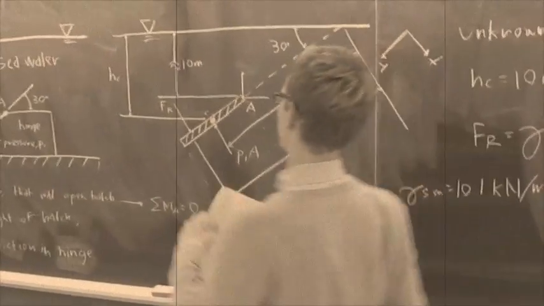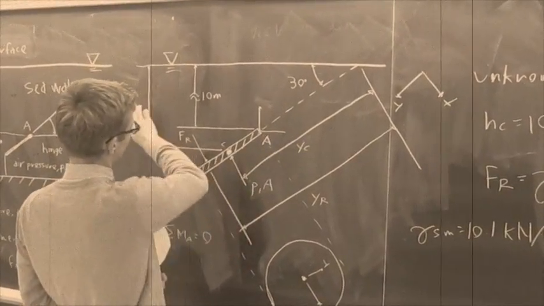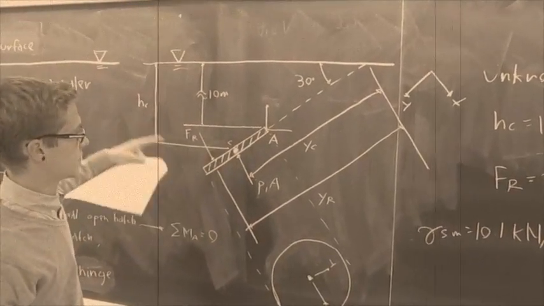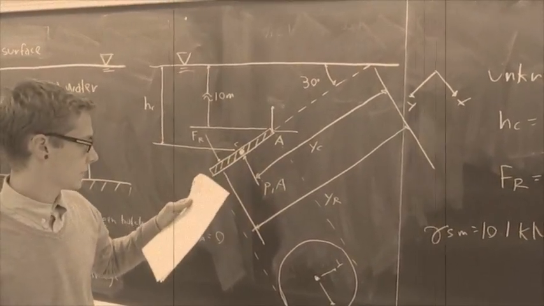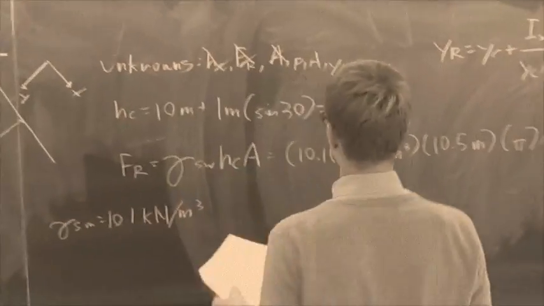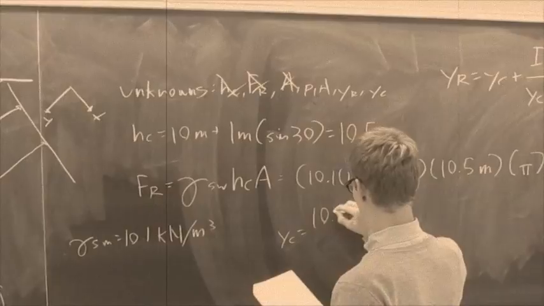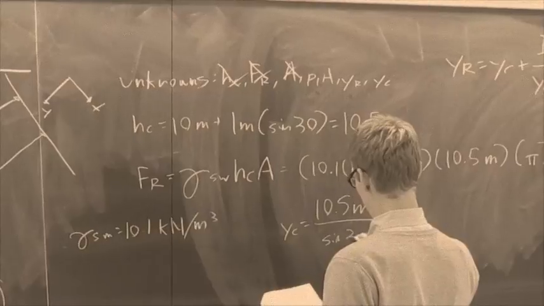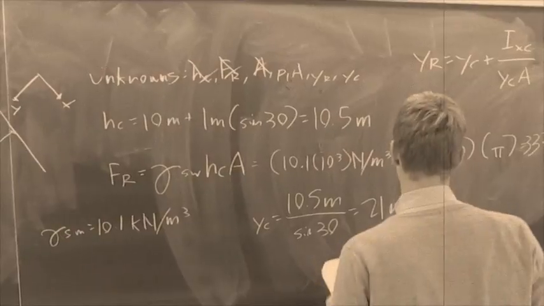Yc is the hypotenuse of the triangle that's formed by Hc and this sine 30. So knowing that sine 30 is going to be Hc divided by Yc, then Hc divided by sine 30 will give you Yc. We know Hc is 10.5 meters, so that's our Hc divided by sine 30, which is equal to 21 meters.